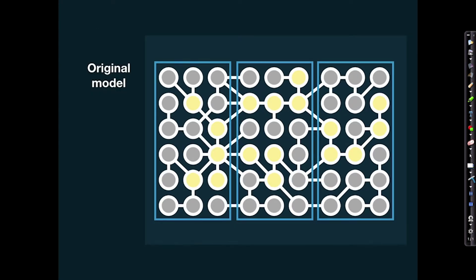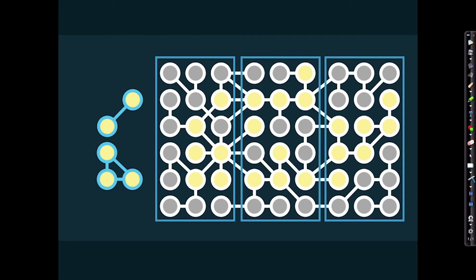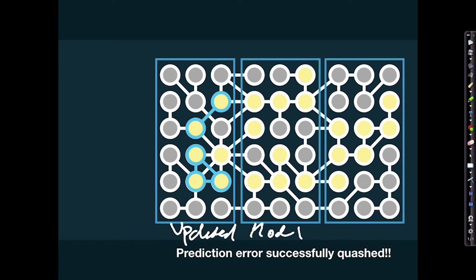So this was our original model, the model that failed, as we just saw, and generated these error signals. So what does the brain do? It updates its model in an attempt to reduce those error signals. So this is the new, updated model. What happens? It's successful. The prediction error has been successfully quashed.